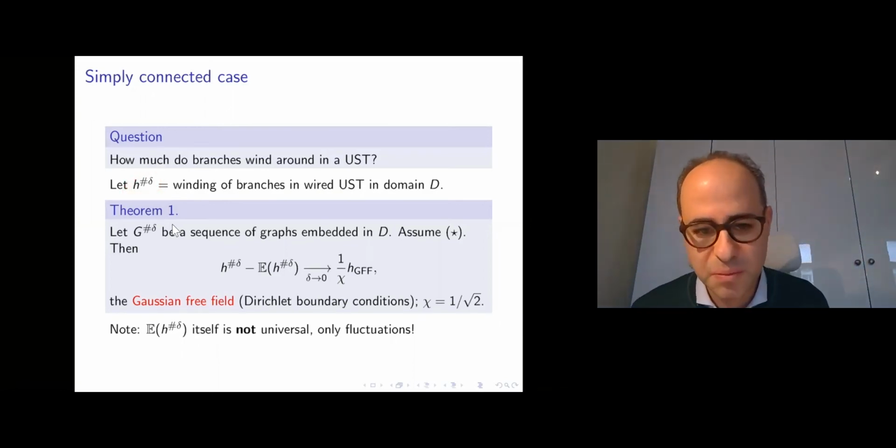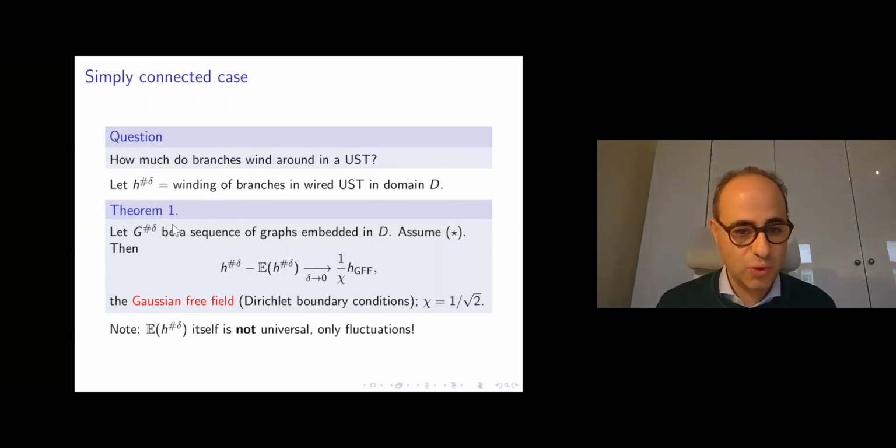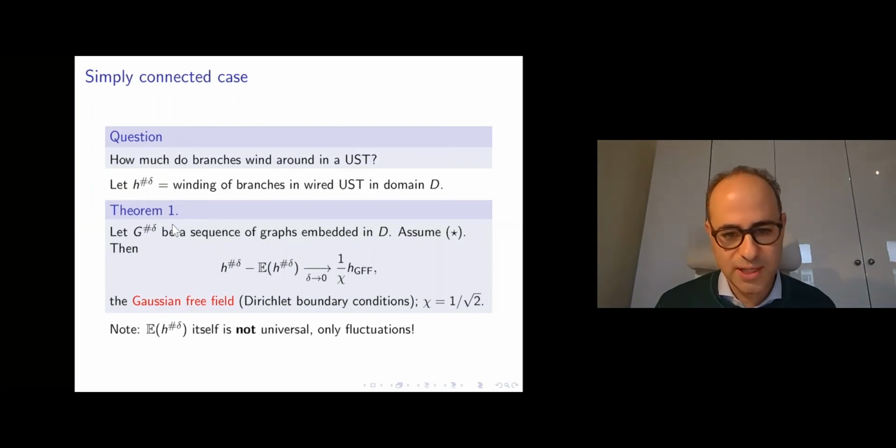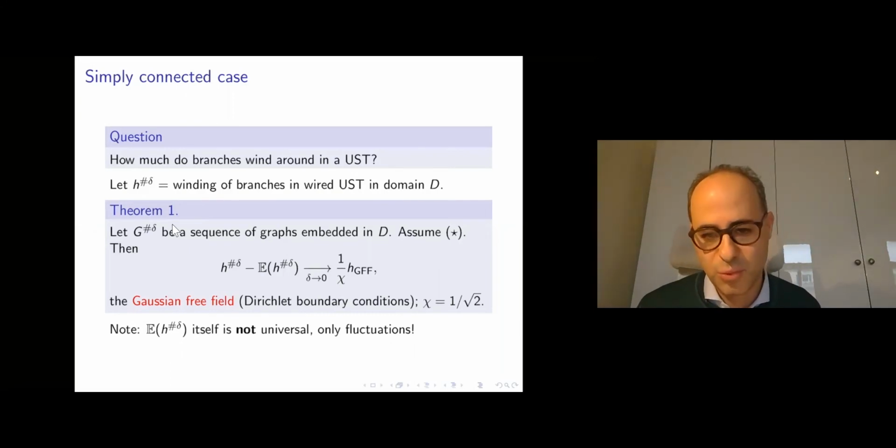So here I really mean that if you look at the height difference between point X and the point Y, I just find a branch in the spanning tree that connects these two points. I can go via the boundary if needs be, and I just compute the winding of the branch connecting X to Y: the number of left turns minus the number of right turns, and of course, if the edges are not straight, then I have to account for the winding of these edges as well.